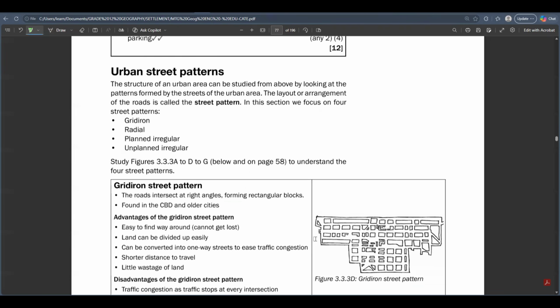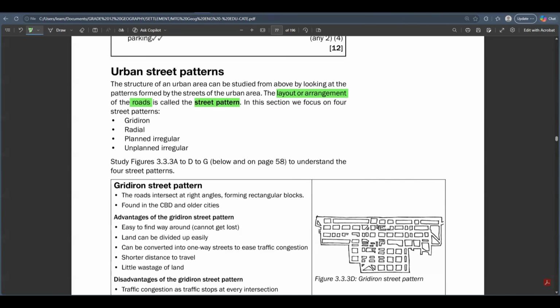So the street pattern is basically the layout or the arrangement of the roads in an urban area. Different urban areas have different street patterns. Remember, different urban areas have different ways of arranging their roads.